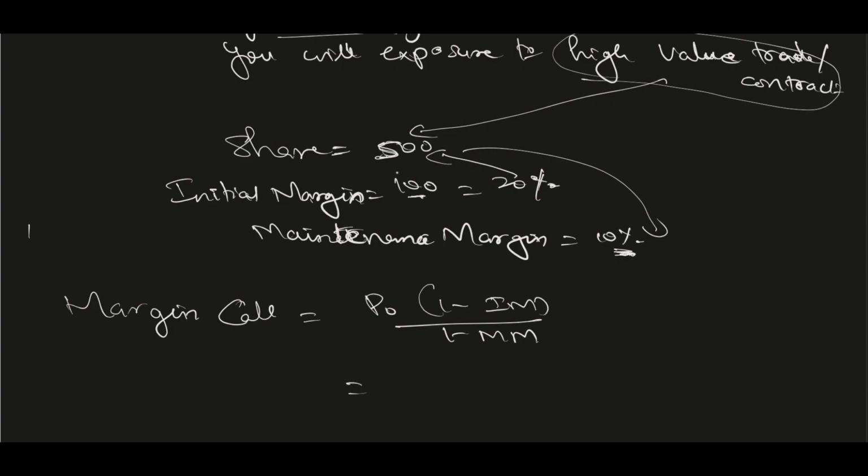Right now the price is 500 into 1 minus initial margin of 20 percentage divided by 1 minus maintenance margin of 10 percentage.